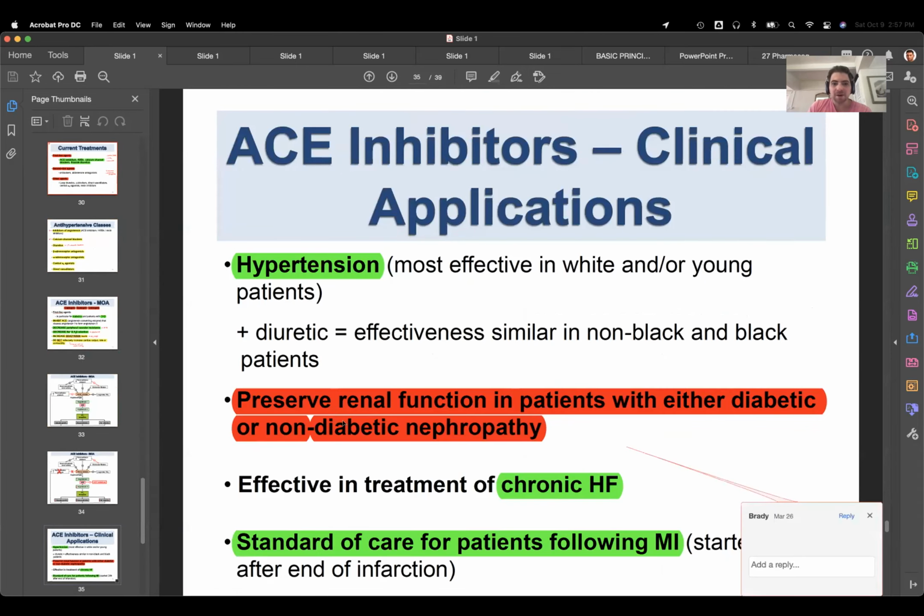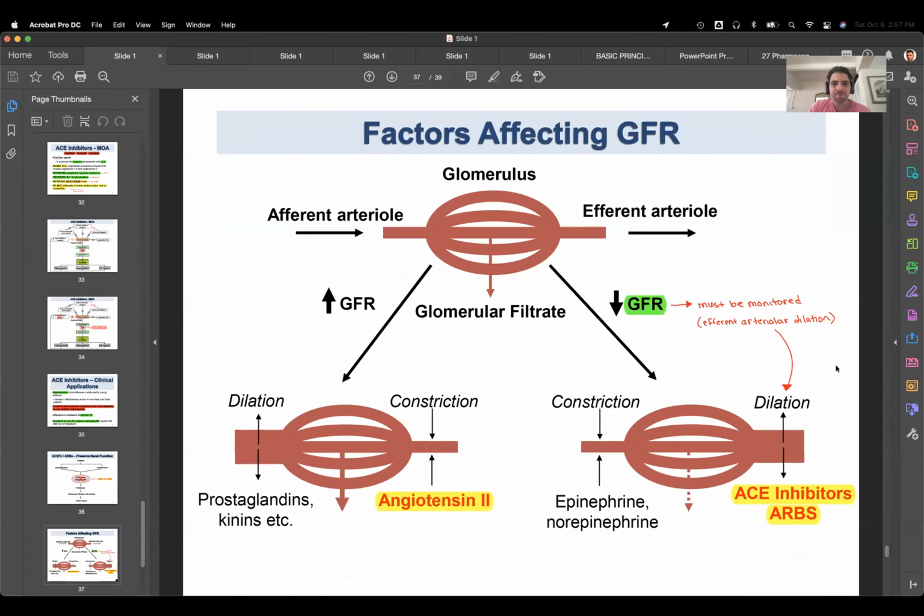Now, super important, it's very good for diabetic patients. ACE inhibitors are pretty much first line for everybody, unless you're in severe renal failure. But definitely with diabetic patients, you want to give them an ACE inhibitor. What actually happens when you give an ACE inhibitor is that it can cause dilation of the efferent arteriole.